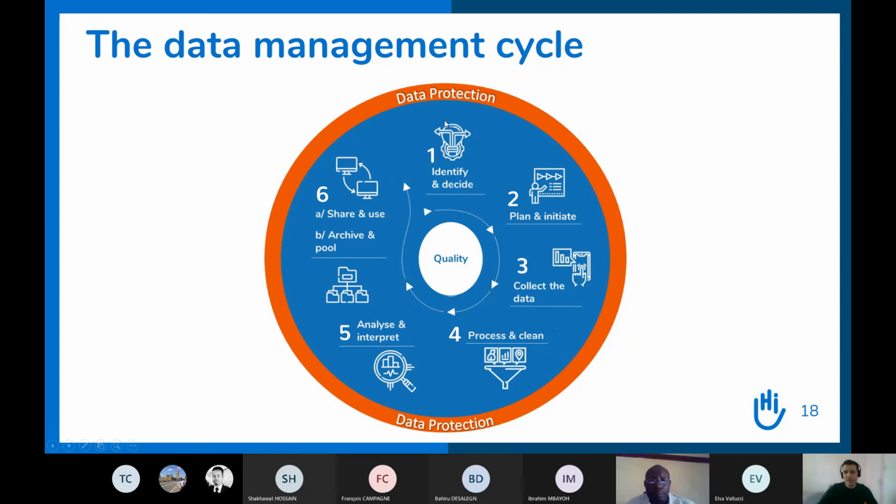Then what are the challenges, and then we discussed things that we could do to improve information management. So that's what we did in the first hour and a half of the session. And then we are going step by step to see all the steps of this data management cycle. So far we've done the first 3 steps, and we still have the other ones to go.